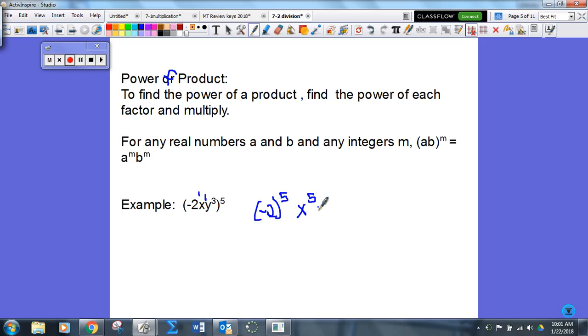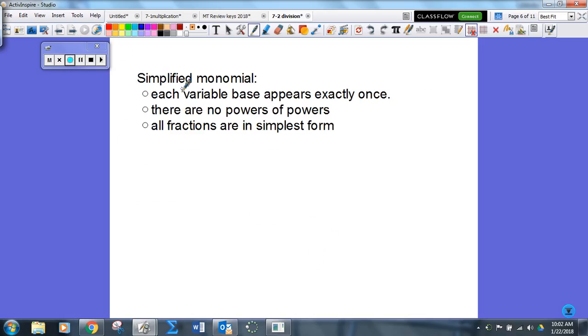Multiply the 3 times the 5, that's y to the 15th. Negative 2 to the 5th is negative 32. It's negative because it's an odd number of powers. X to the 5th, y to the 15th. A simplified monomial: each variable base appears exactly once, there are no powers of powers, and all fractions are simplified.